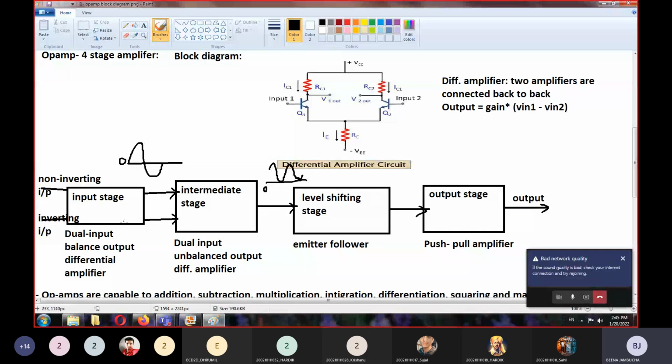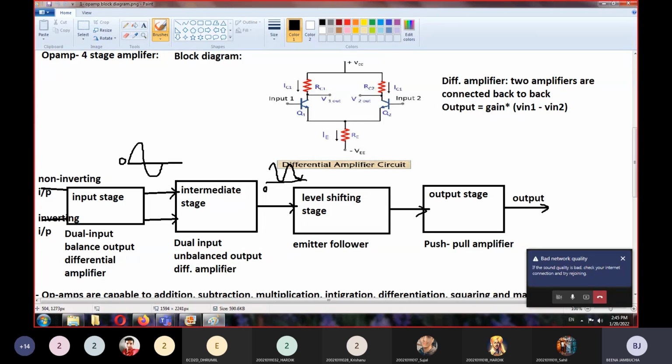Now the output of this first stage is provided to the intermediate stage. This intermediate stage is a dual input unbalanced output differential amplifier. Dual input means it has two inputs. Unbalanced output means the number of inputs is not equal to the number of outputs.